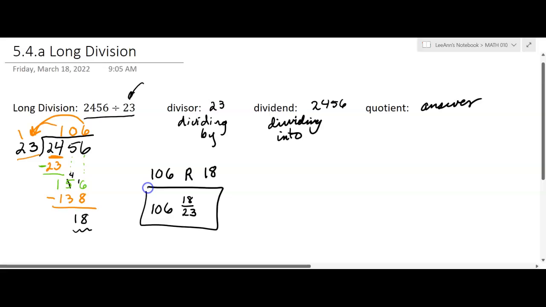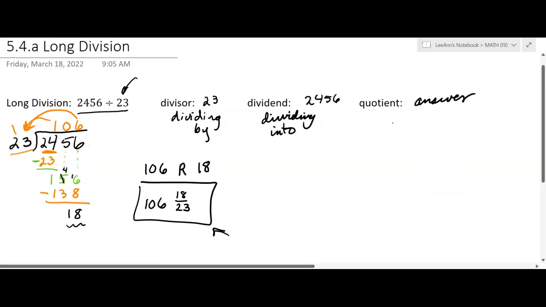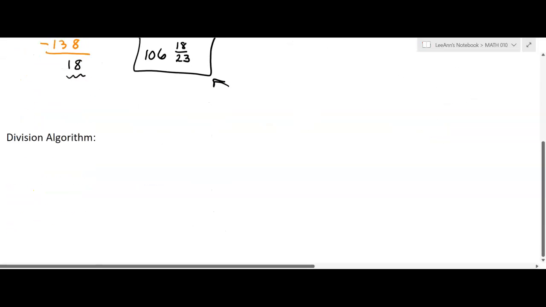This is what we're going to do. Now, you might say, what about adding the decimal and the zeros and continuing and getting a decimal? We're not going to do that, okay? So we're going to be looking at answers in that form. Our answer in this case is 106, remainder 18, or it's 106 and 18/23. Okay, so that's a review of long division.